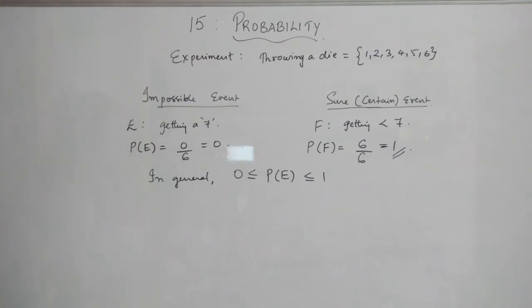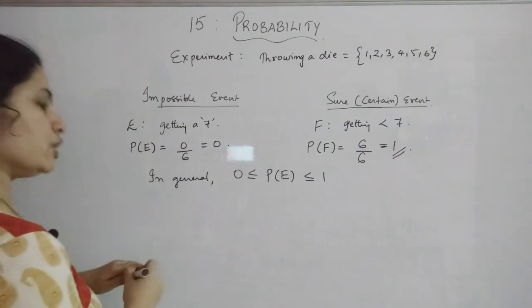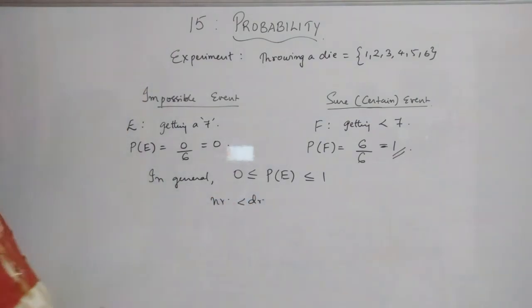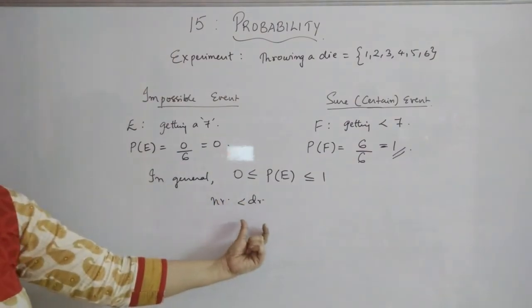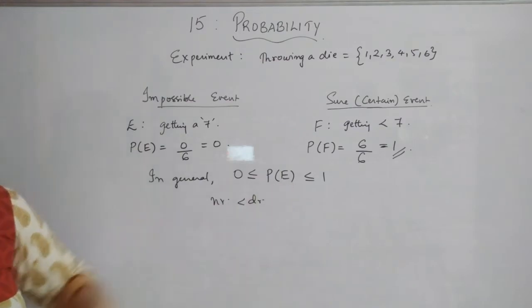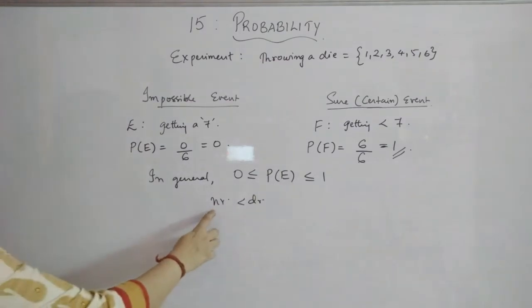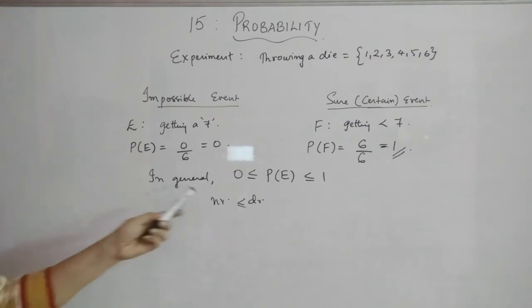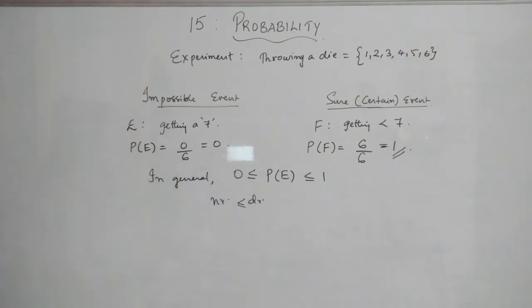Okay. And this is because every time the numerator will be less than or equal to the denominator. So it will lie between 0 and 1, or if the numerator is equal to the denominator, then the value will be 1. So the probability of any event will lie between 0 and 1, and it can be 0 and 1 also.